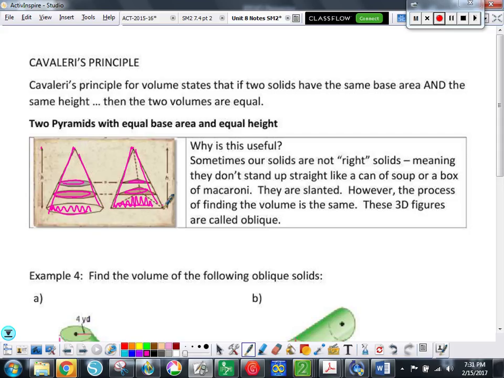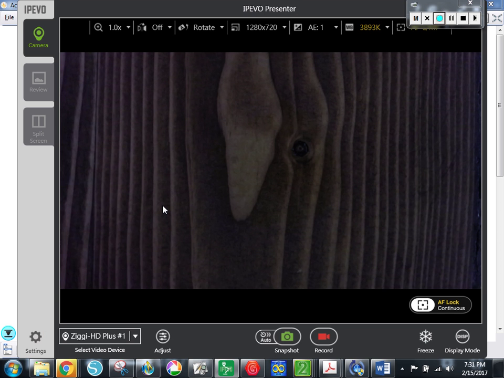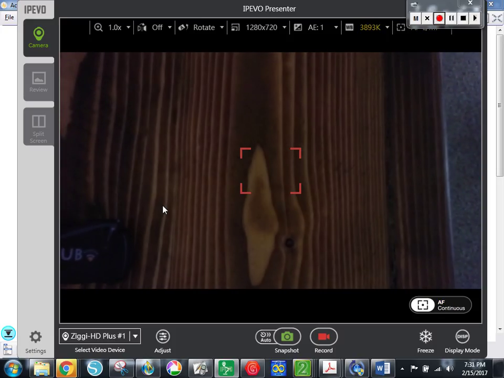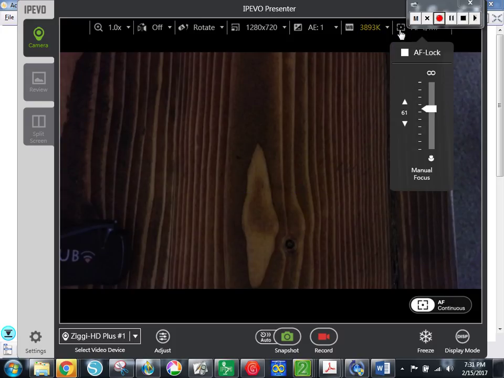So why is this useful? Let me show you really quick and see if it makes sense to you in a different way. Look at my pretty table.